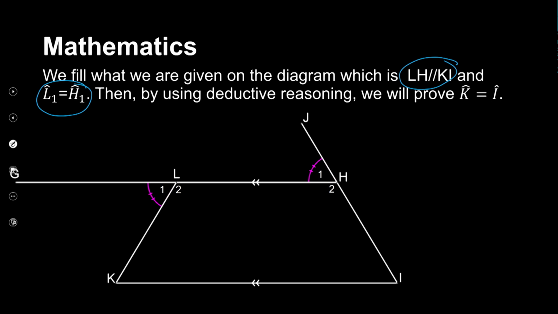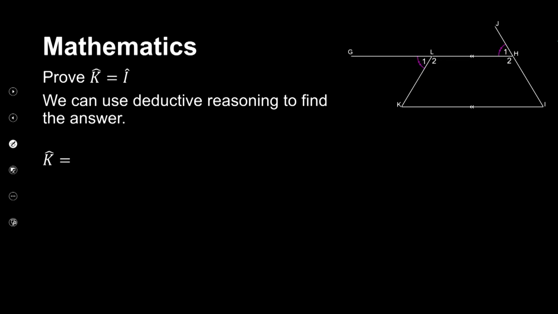So even if we're not really told that, we would know that those are the two parallel lines, since this is a trapezium. Now, to use this, we need to try and link K with something that will, at the end of the day, help us to show K and I to be equal to each other.